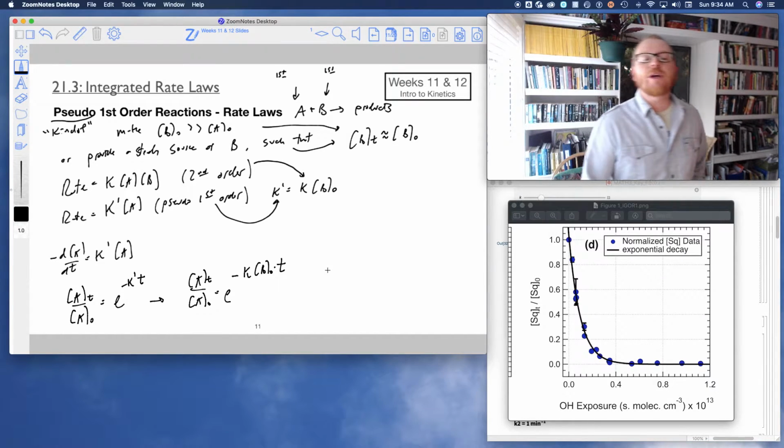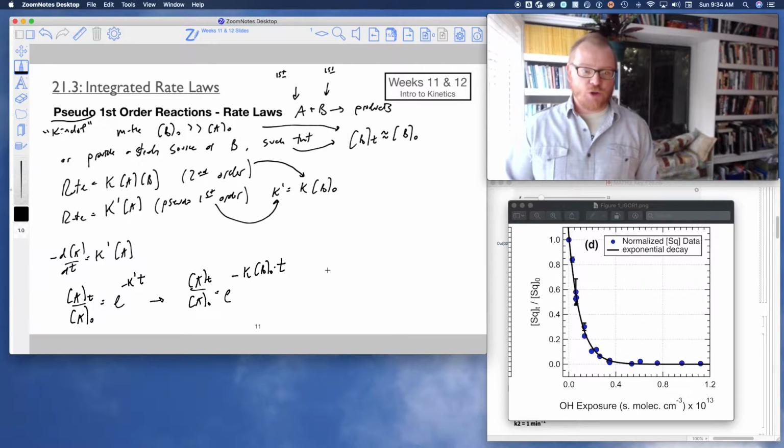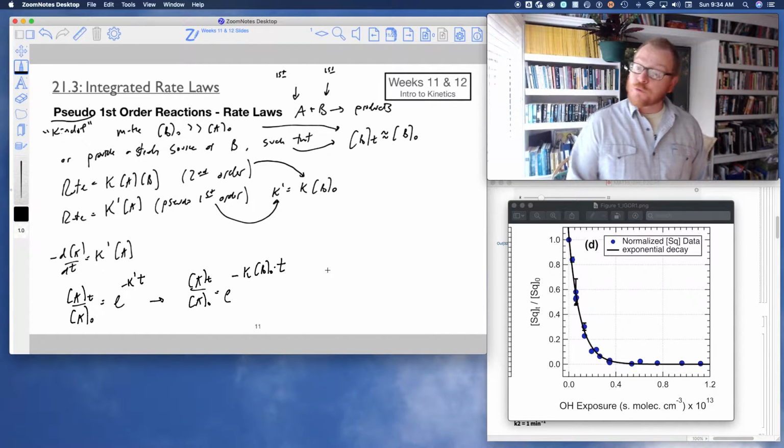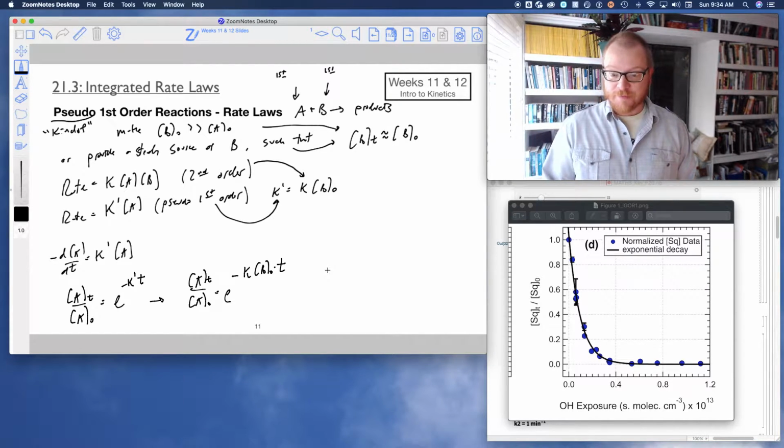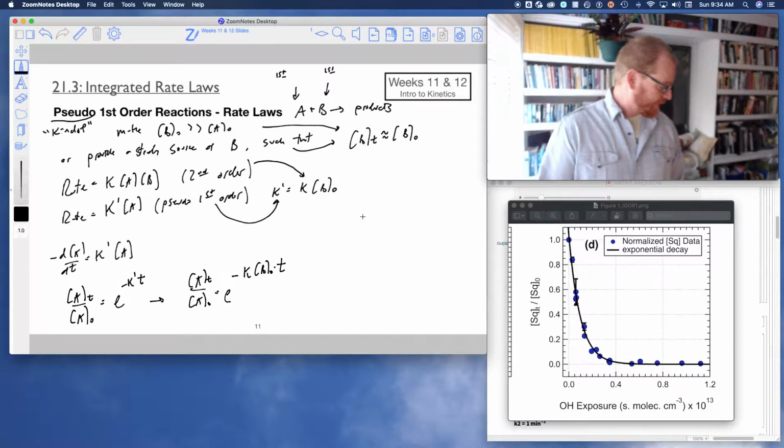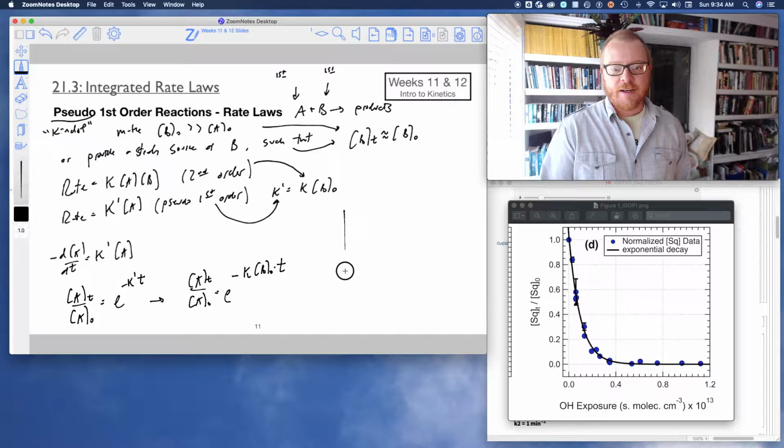Okay, well, if we still want to fit this to an appropriate first order rate constant, then what we can do is, instead of plotting this as concentration versus time, we can plot this as relative concentration versus exposure.